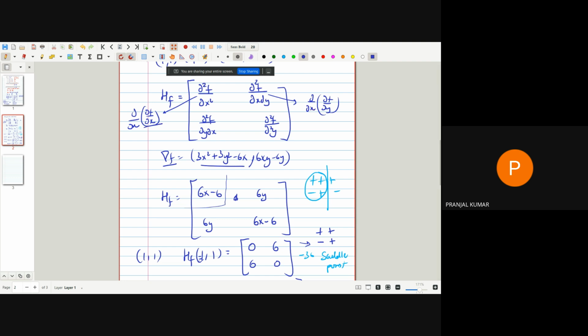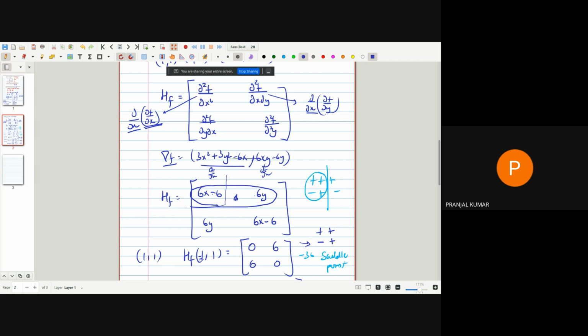Both these terms are being differentiated with respect to x; this is dou f by dou x, and this is dou f by dou y. So basically, to get the first row, you just have to partially differentiate this vector with respect to x. You will get these first two terms. That is the first row.